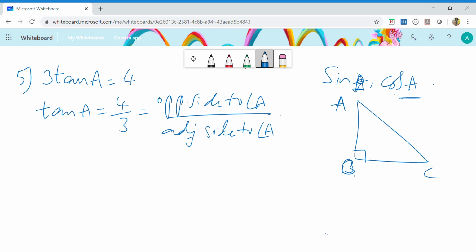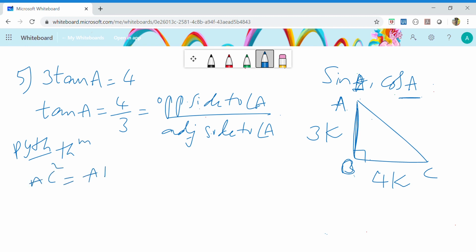Right angle triangle. Okay. So what is the opposite side to A? BC. BC becomes 4K. And what is the adjacent side to angle A? AB. AB becomes 3K. Why am I writing K? If you break the ratio, you have to multiply with some constant. 3K and 4K. So by Pythagoras theorem, AC square is equal to AB square plus BC square.